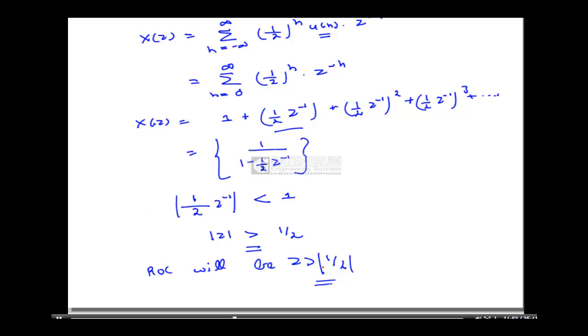If I plot the ROC for this, I have one unit circle here and one circle of radius 1 by 2. The ROC is mod z greater than 1 by 2, so it will always be outside this circle.